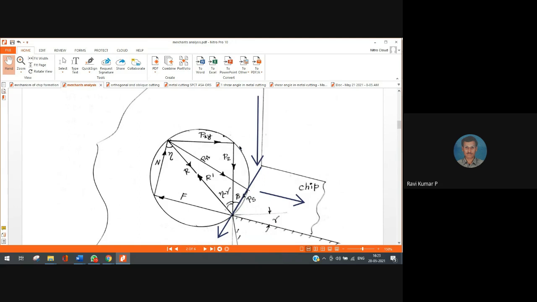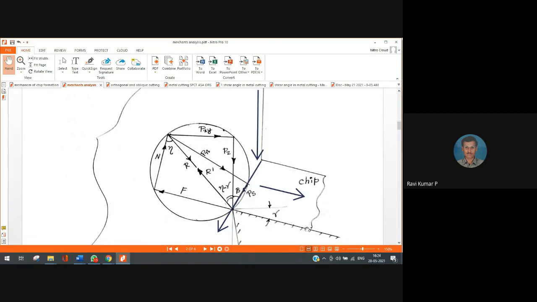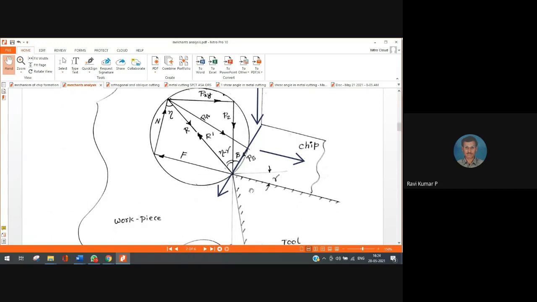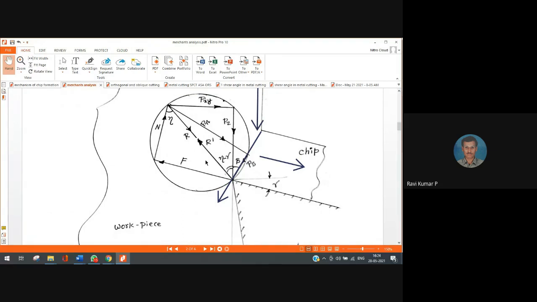These two are the active forces, the forces which I am applying. They convert into PS and PN. The forces I applied make the shearing happen. So these two forces, PZ as well as PXY, transform into two forces PS and PN. And then N and F are reactive forces. Cutting has happened and the chip moves, so my friction force is nothing but a reactive force. The active forces are PS and PN, and the reactive forces are the friction force and the corresponding normal force, right?